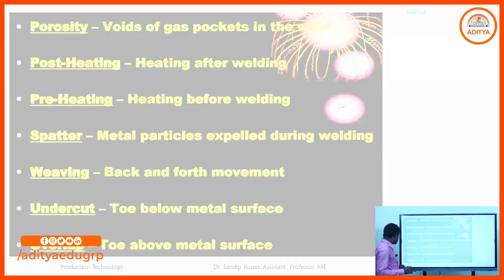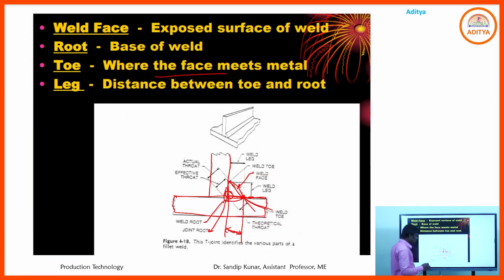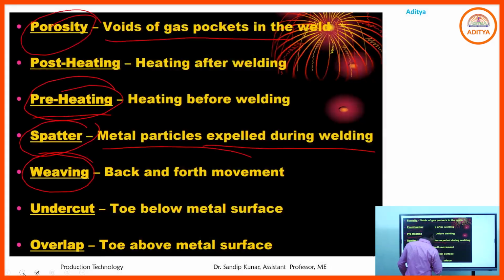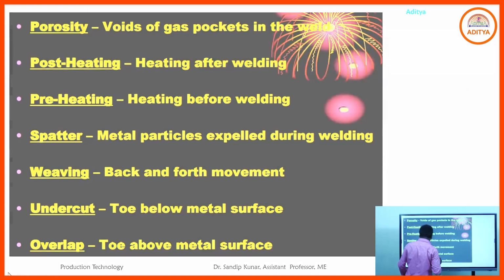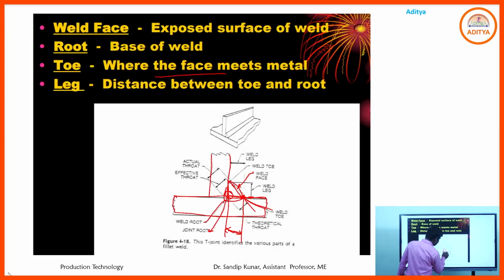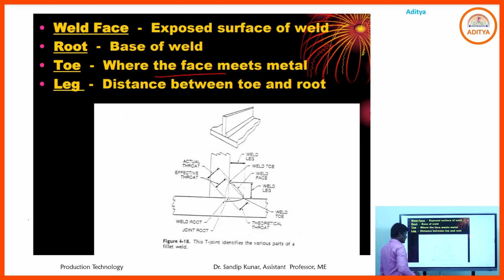Okay, undercut means the toe is below the metal surface. We know that is the toe. When welding has been done, if the toe is below the metal surface, that is called undercut.